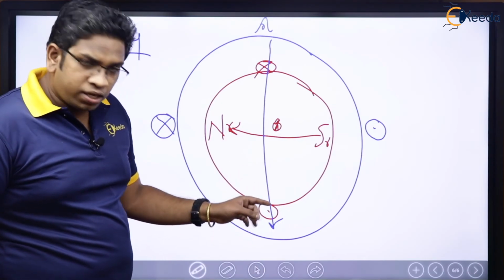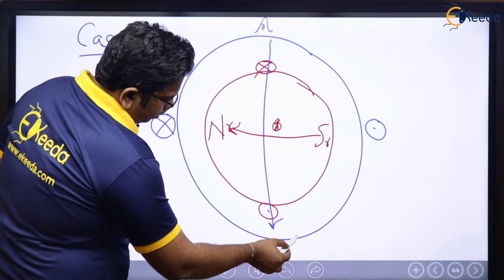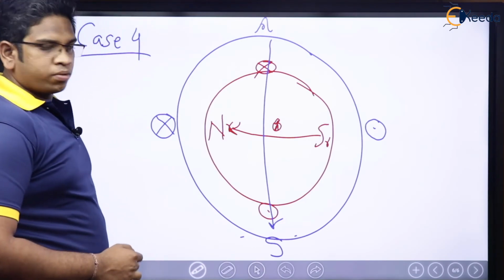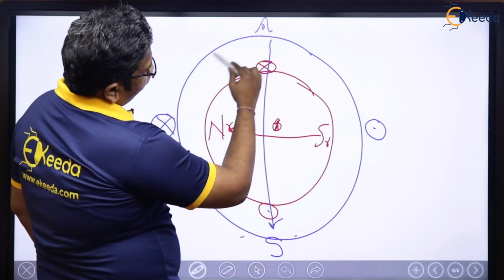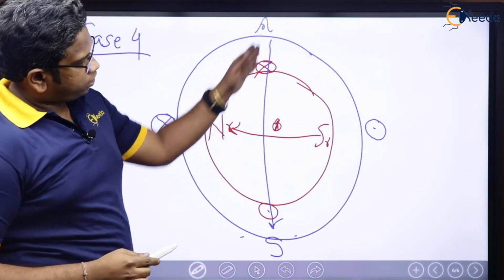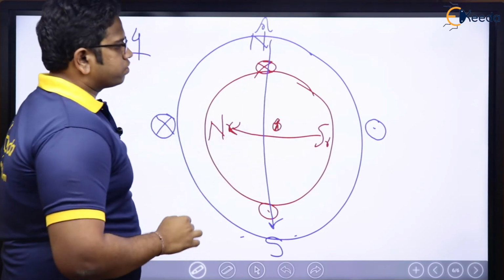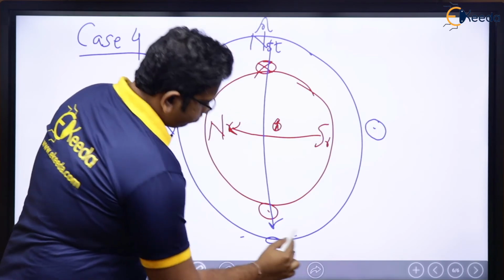The flux is incoming to the iron piece, which means this is going to be south pole. Outgoing from the iron piece, here, this is the iron piece of the stator. From here, flux is outgoing, which means this is going to be the north pole of the stator. North pole of stator, south pole of stator.